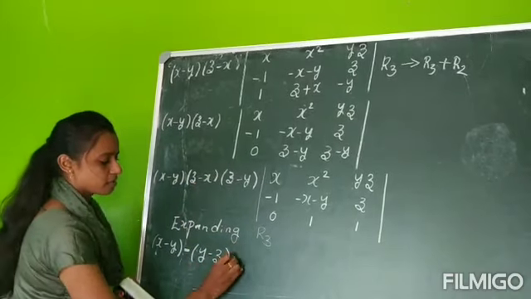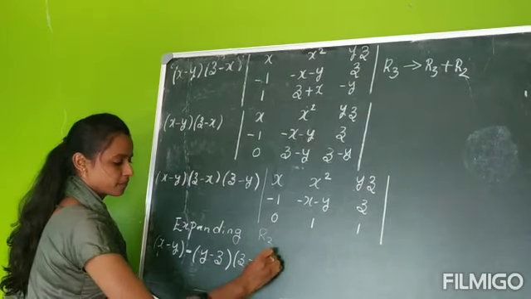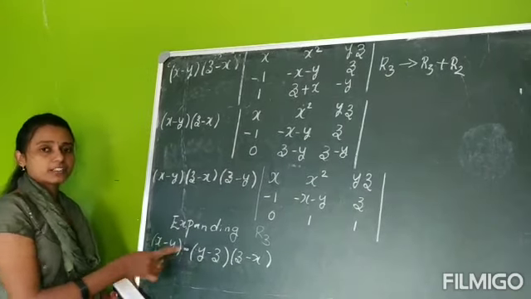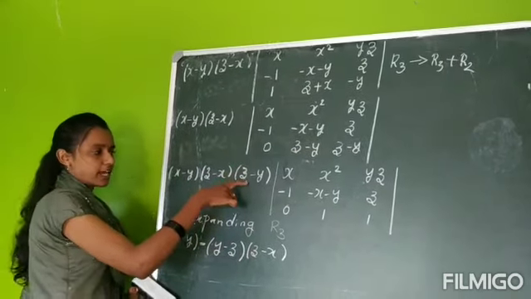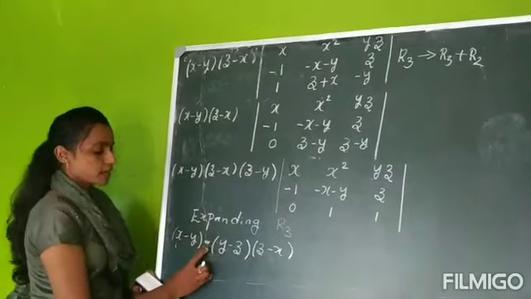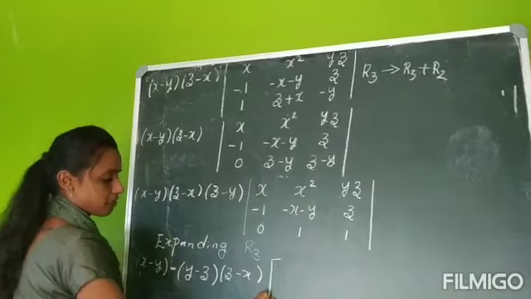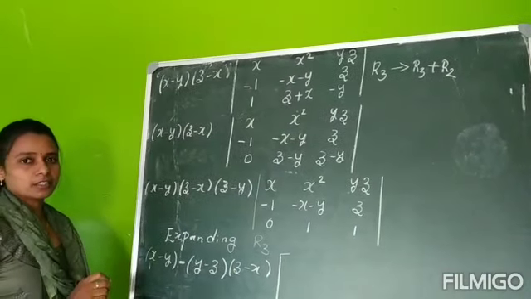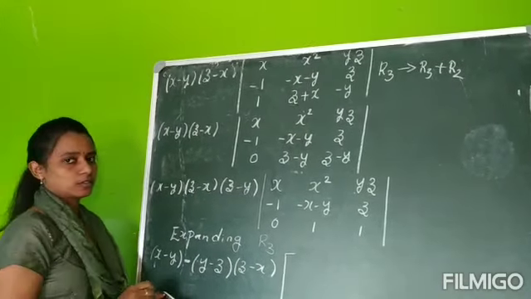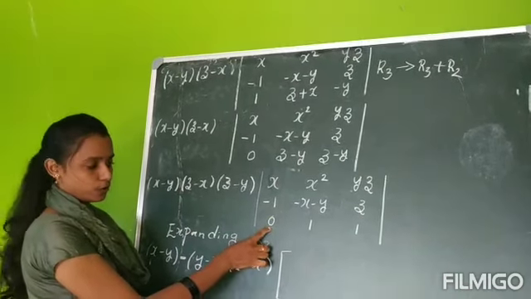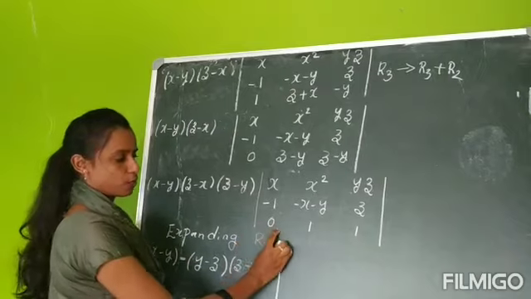Next I'll write the second term as a third, because this is what we need in the RHS. So I rewrite z minus y as minus of y minus z. Hope this is clear. Now I am expanding this. While expanding the row, the first term is 0.